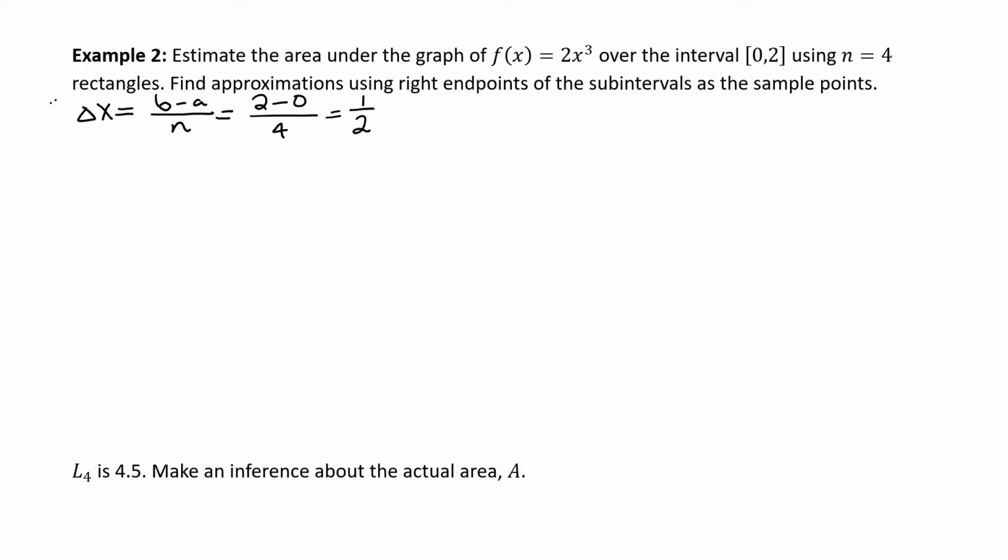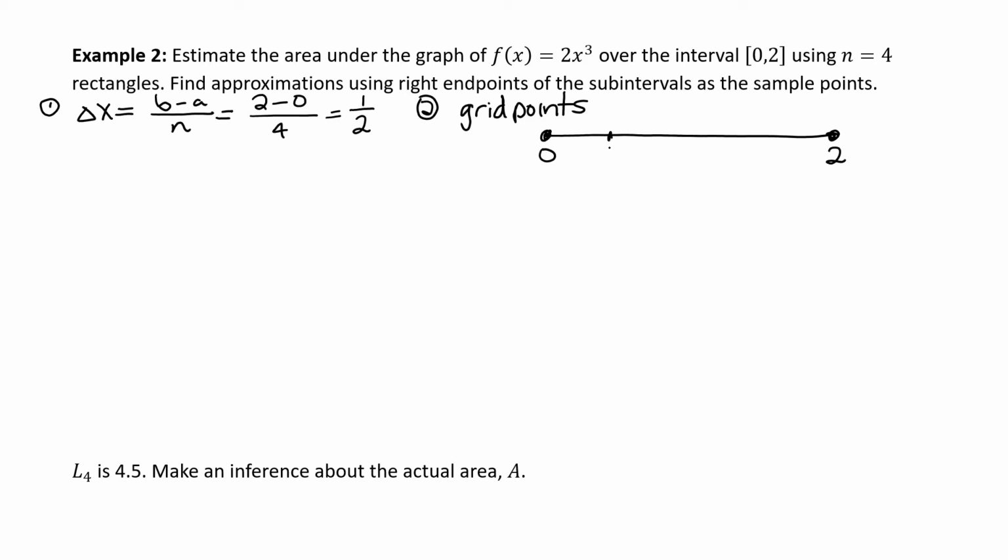That's my first step. My next step, I need grid points. So I will draw my interval and mark the starting point as 0, the ending point as 2, and we've got to have 4 equal intervals in there.